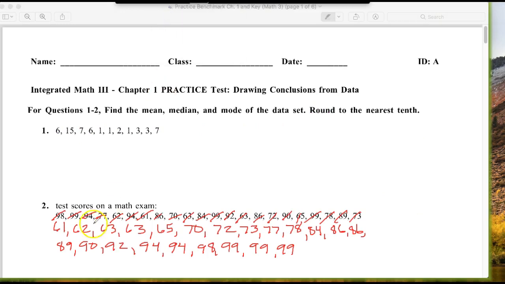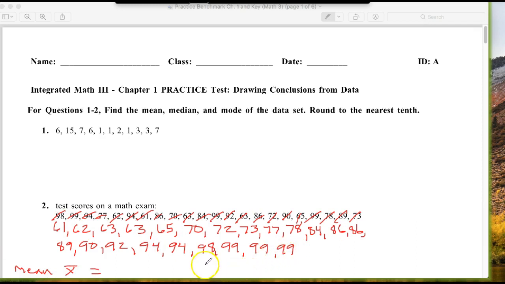All right, guys, on number 2, I went ahead and paused it and wrote out all the values from least to greatest. It's kind of tedious, so I just did it real quick. If you count out the number of values, there are 22 values here. In order to find the mean, and you can use the symbol for the mean, you're going to add up these 22 values.